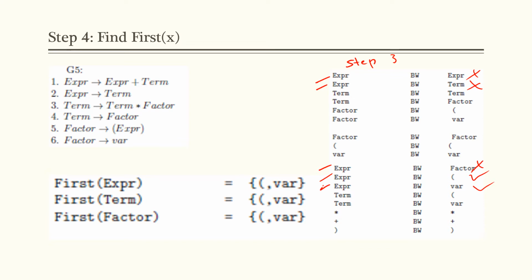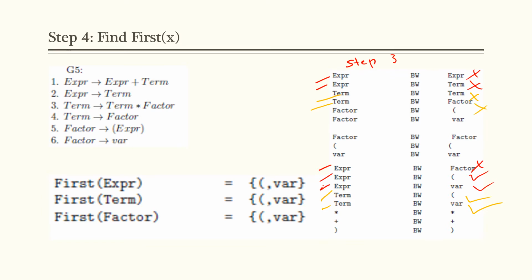For first term, it is the same process. We have to look at the term in step number 3. The term that I highlighted here is 1, 2, 3, and 4. Among these 4 pairs, we have to look at the ones that begin with a terminal. So it is open bracket here as well as var. The ones that begin with a non-terminal will be cancelled off.